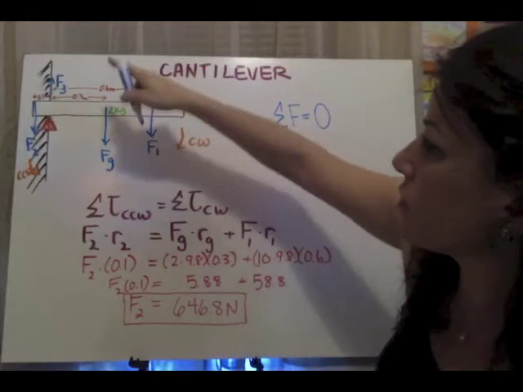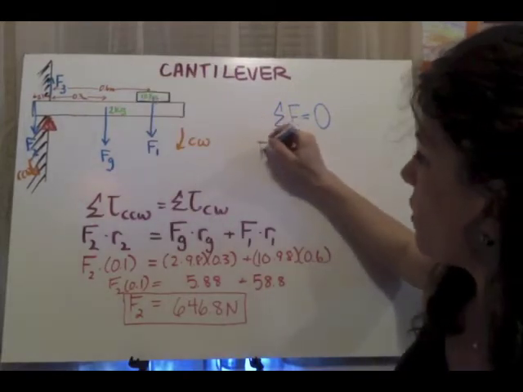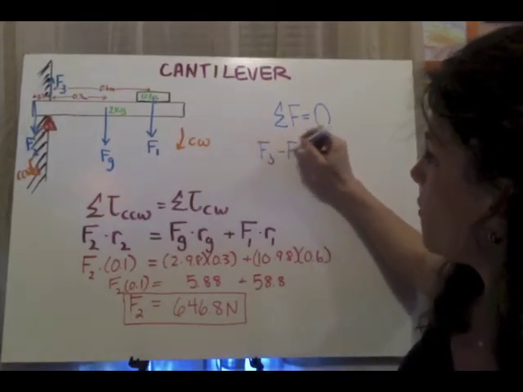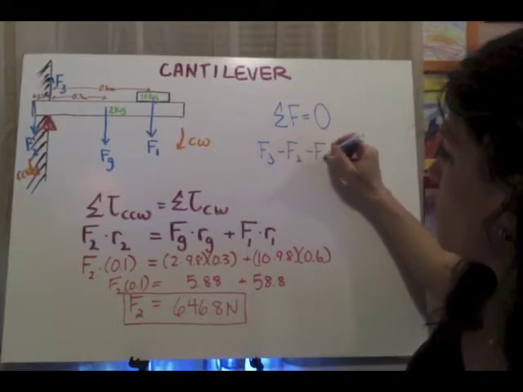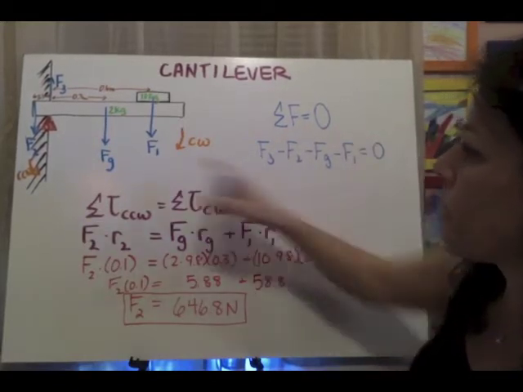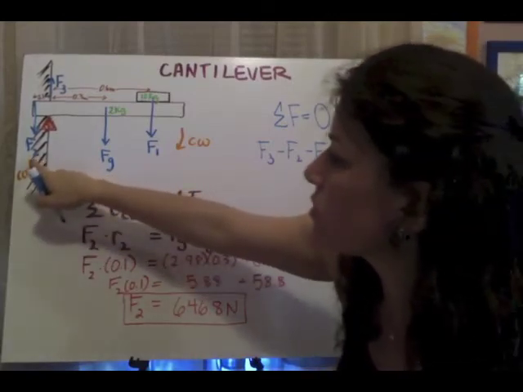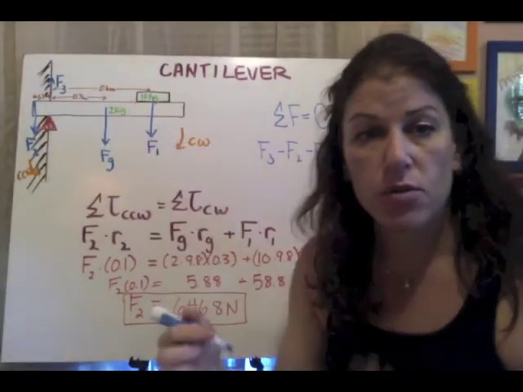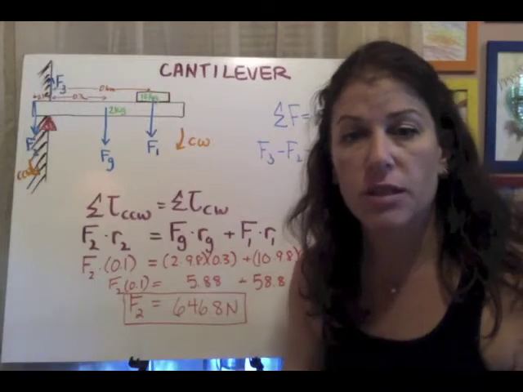So these are all vertical forces. You'd have F3 minus F2 minus Fg minus F1 is equal to 0. These are your down forces. Here's your up force. Those have to balance each other in order to be at equilibrium.